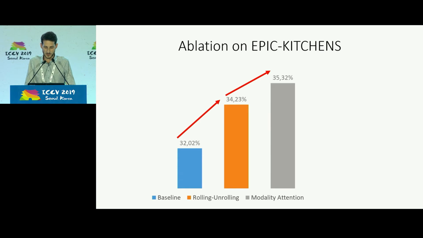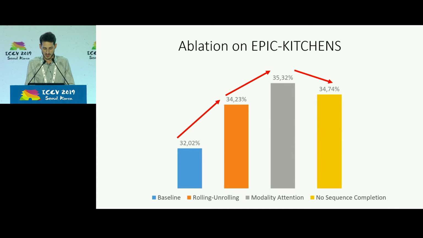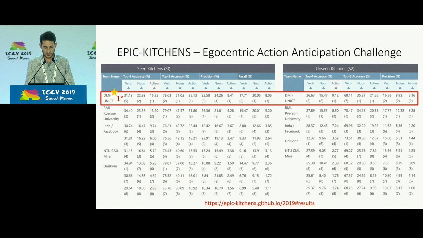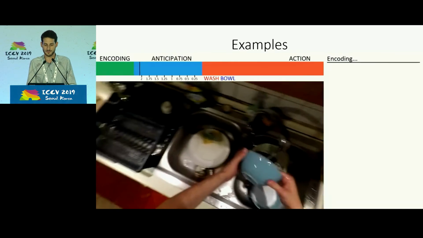Modality attention outperforms standard late fusion, and not performing sequence completion pre-training results in a performance drop. Our model achieved the highest top 1 and top 5 action accuracy on both S1 and S2 in the Epic Kitchens egocentric action anticipation challenge.